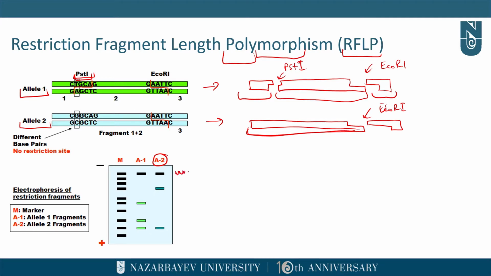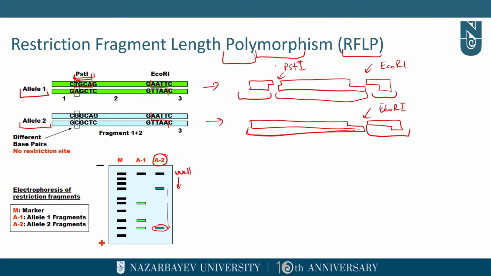This is the well, and the distance it traveled is related to its size. So what happens to the second part? It is very short and it travels a lot, so it gets very far from the well.